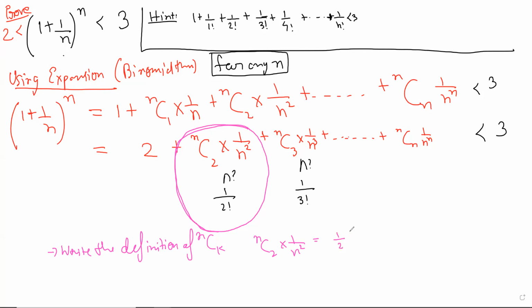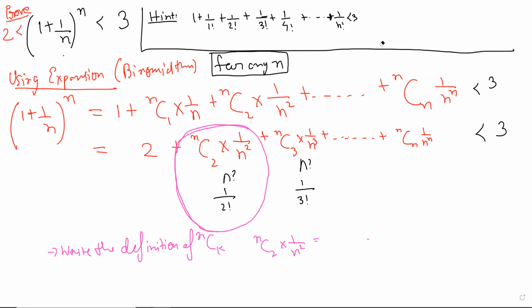One by 2 into n in the denominator. Okay. How did you get this in the denominator? Wait, okay.